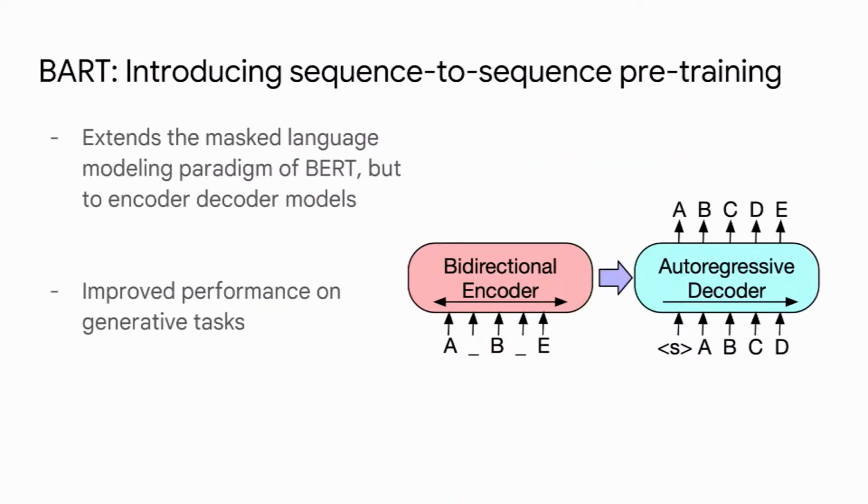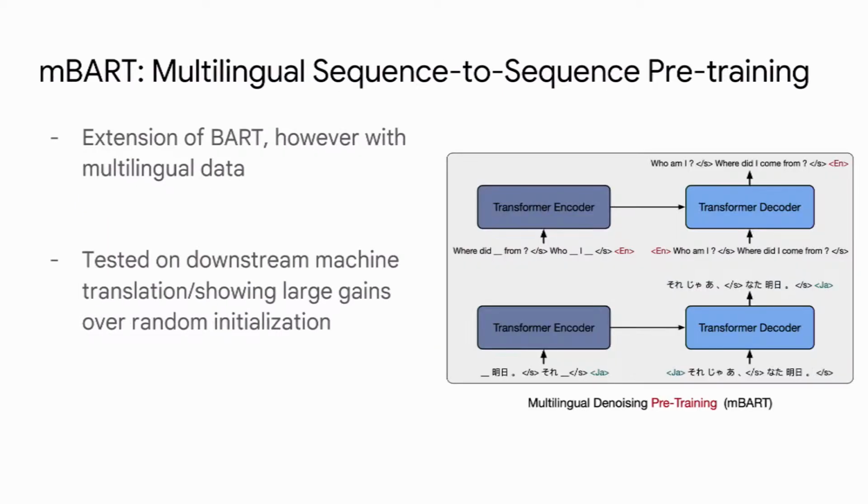So with BART, this was extended to sequence-to-sequence models, where you have your encoder, you mask some stuff in the encoder, and then you generate the full sequence in the decoder. And they had better performance on generative tasks, and this again was extended to multilinguality with MBART.